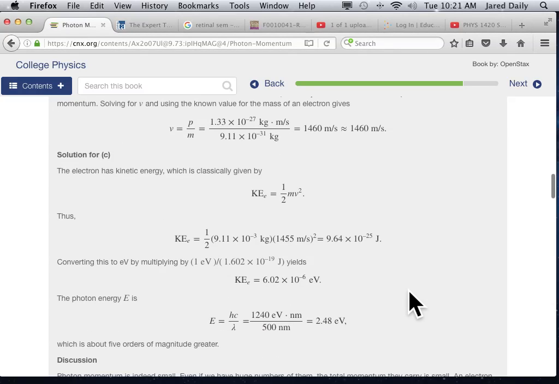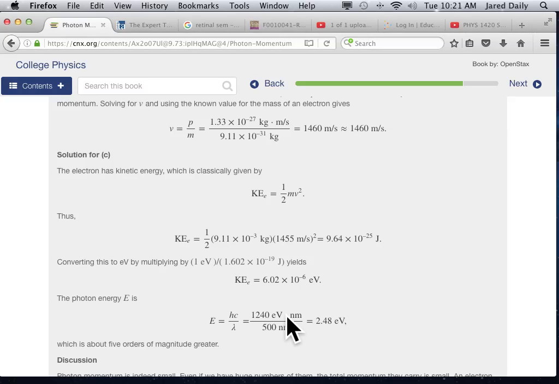Kinetic energy for the electron. If you multiply it out just using the mass and the speed in meters per second, then you get 9.64 times 10 to the minus 25 joules. If you convert that to electron volts, you see it's actually quite a small electron volt number. 10 to the minus 6 electron volts, micro electron volts.